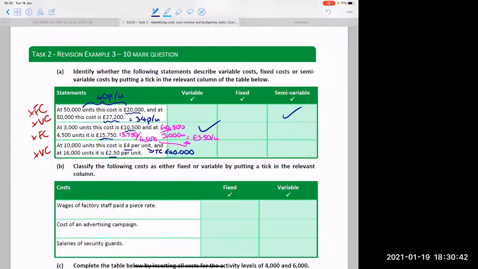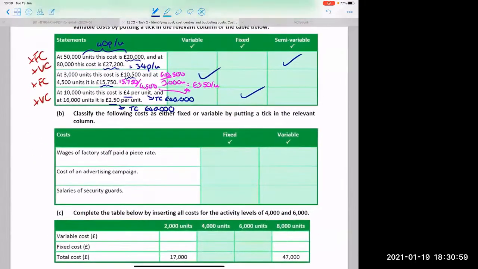And at 16,000 units, the cost is £2.50 per unit. Multiply together, total cost is still £40,000. So we've got a fixed cost there.